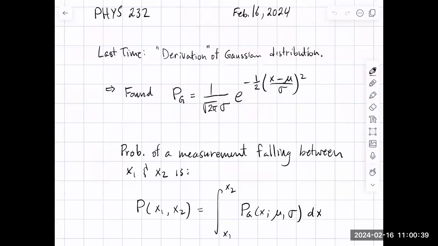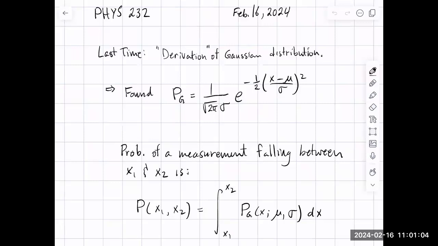So the sorts of things that we've been talking about is the Gaussian distribution. There it is. It depends on a mean and a standard deviation sigma. The features of the Gaussian distribution are that it is peaked at the mean and it falls off symmetrically on either side of the mean.